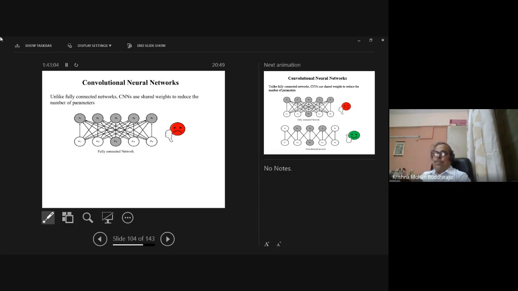Everything is happening today thanks to both supercomputing and high performance communication networks like 5G, even 4G, not only 5G.